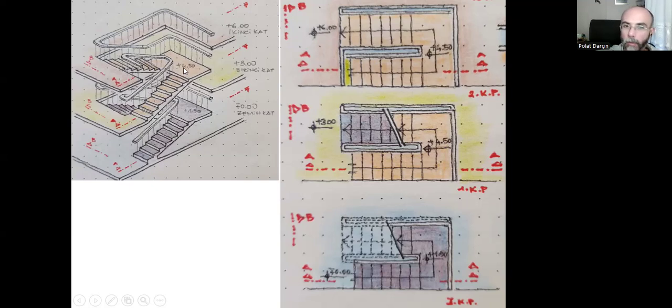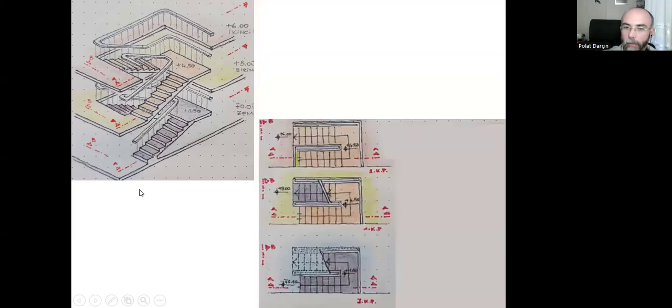This upper surface of this +4.50 landing, this upper surface of the flight, here, based on our decision, we only see partially this green floor of first floor, +3, and in between, we see the upper surface of the ground floor, 0, 0, here. Ground floor plan, first floor plan, second floor plan.